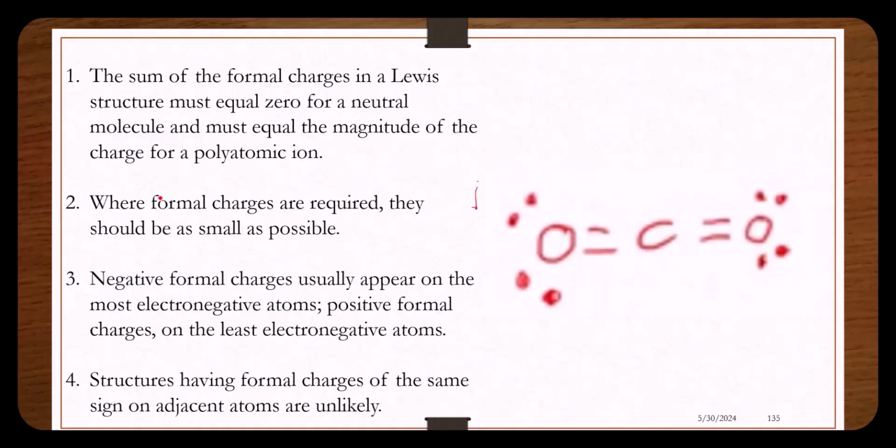And the last guideline is structures having formal charges of the same sign on adjacent atoms are unlikely, and this doesn't apply because we don't have any formal charges. It's a neutral molecule. So this does not fail any of the tests or guidelines. So this would be the correct Lewis structure for carbon dioxide.